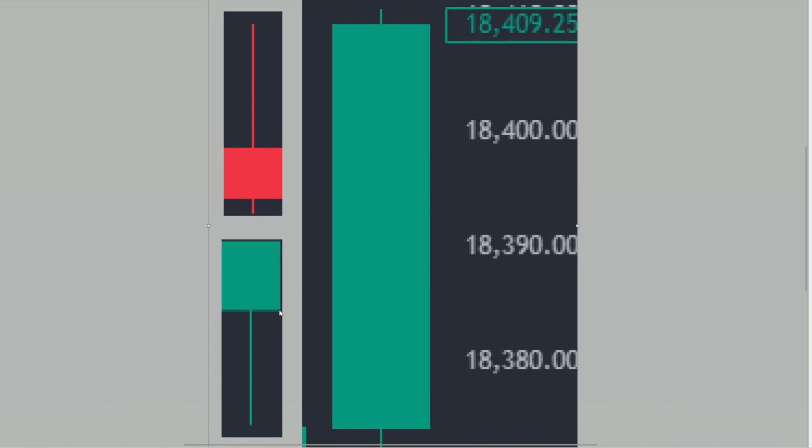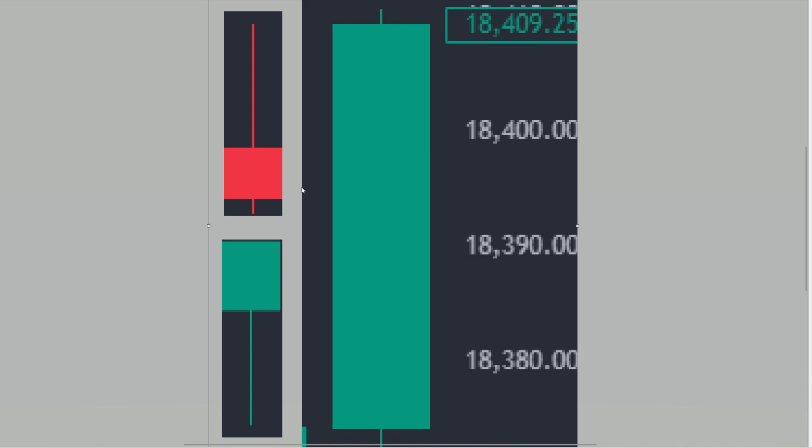It ended up opening down here and then closed up here. But red means that it opened higher than it closed, right? So red, it opened up here, and then the price ended up closing at the end of this time frame that you're on, it ended up closing down here.